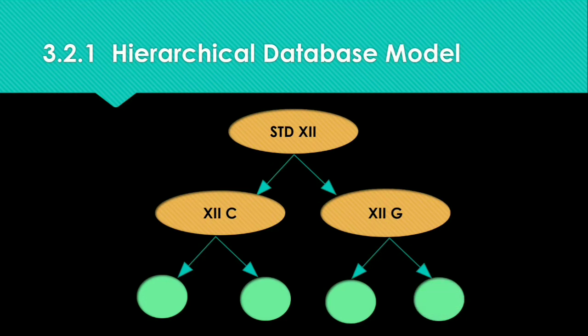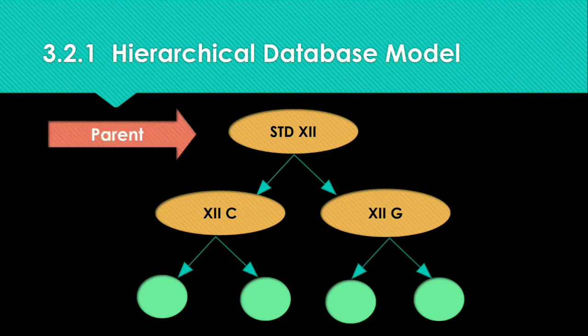Now look at these branches. This design is actually called a hierarchical database model. Standard 12, that is the very first table, acts as the parent table and the branches act as the children. So here there is a relationship between parent and child, that is the parent-child relationship.